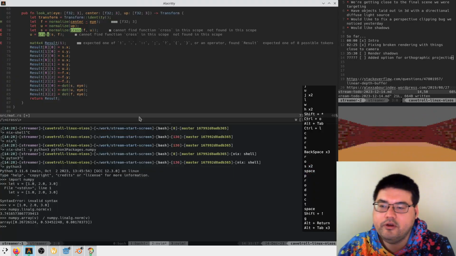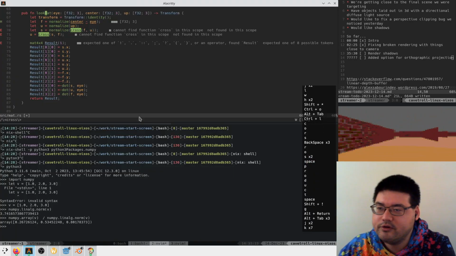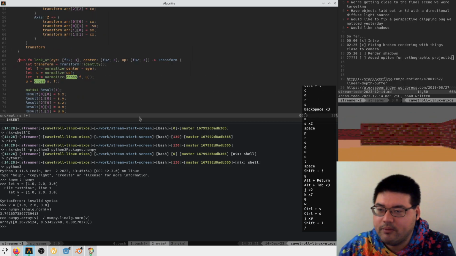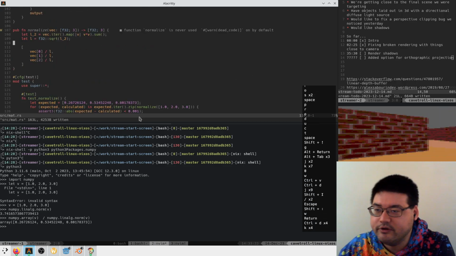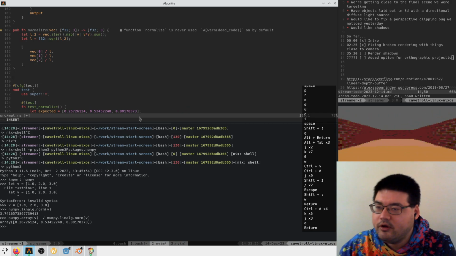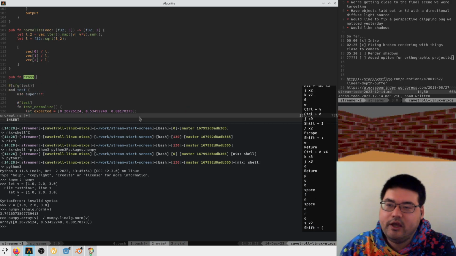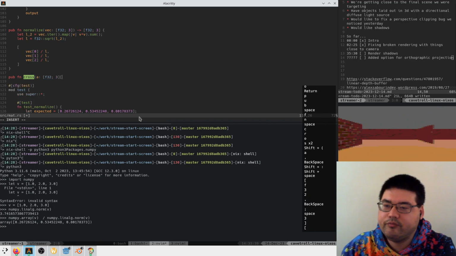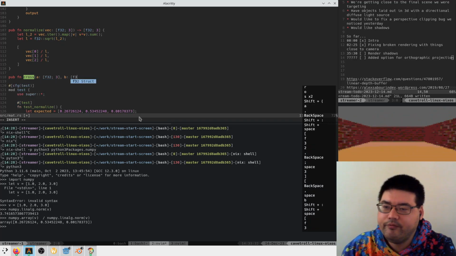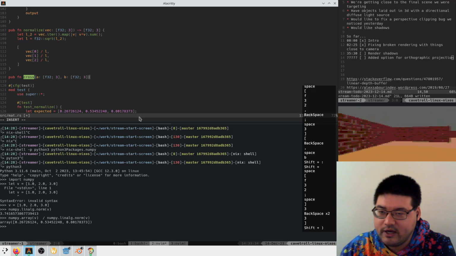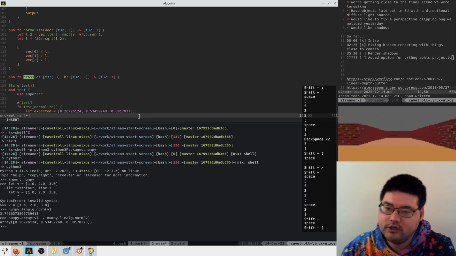Jesus. So we'll do the same thing. We comment this out. We implement a quick cross function. Pub function cross A and B is these guys, and he returns a new vector.